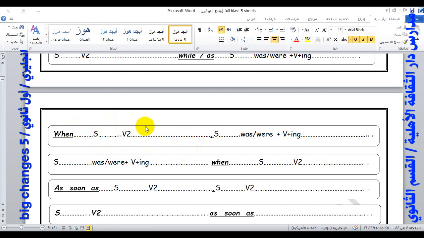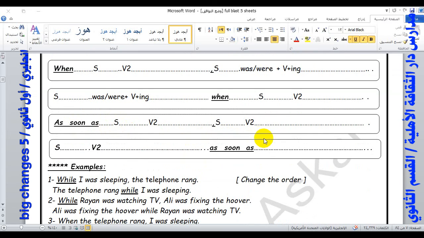This is the first sentence. The second sentence after the comma, we should write the subject followed by the past progressive. When comes in the middle of the sentence, it should be followed by the past verb.